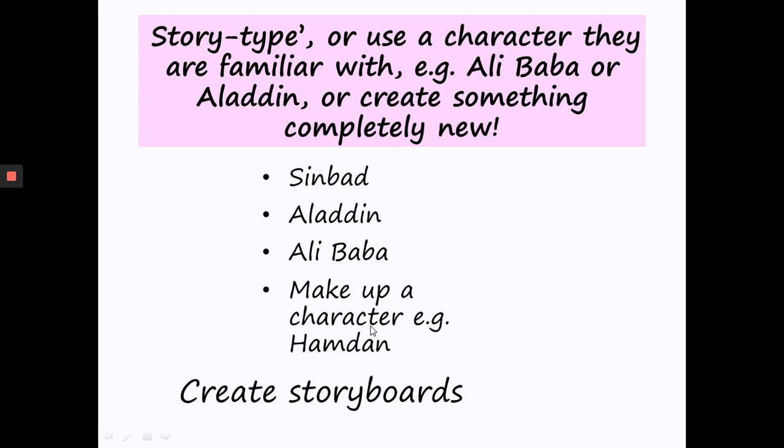For example, a name, just giving it a name, Hamdan. You can choose your own character instead of these characters. In that way, you create your own story, but using the ideas from there. So perhaps if I'm going to choose Sinbad, I might want to think about his voyage 8. So then you're going to read voyage 7, have a look at the way voyage 7 ends, and then think if you can adapt that.